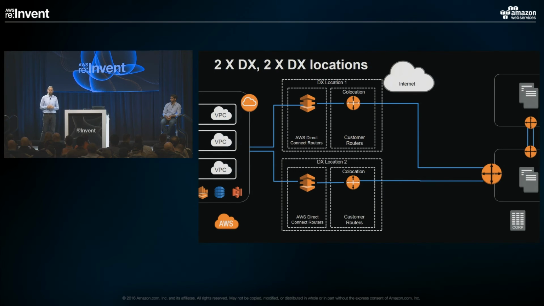And the answer to that problem is to build that second Direct Connect link through a second Direct Connect location that connects to the same region. And that provides you with full facility redundancy with a little bit of geographic diversity.